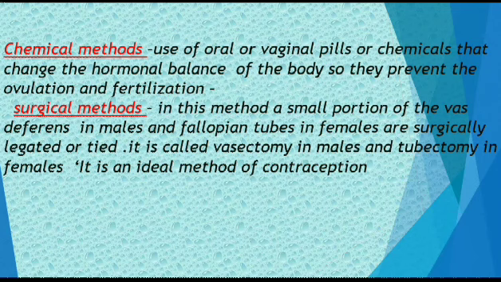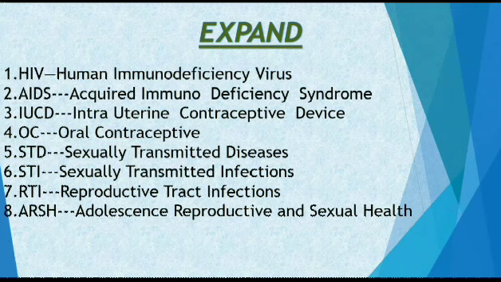In tubectomy, the fallopian tube is cut and bound, so sperm will not enter and not fuse. If sperm enters, it will not fuse to the ovum. Vasectomy means the sperm duct is cut and bound, so sperm will not enter. There are so many ways in the contraceptive and surgical methods.